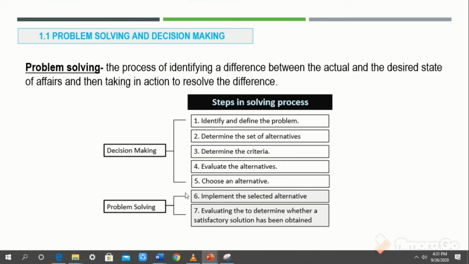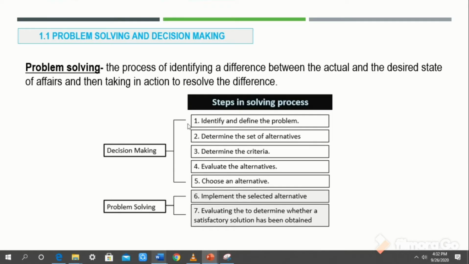And then lastly, number 7, this is evaluating the results to determine whether a satisfactory solution has been obtained. So, you have to follow up on the alternatives that you have implemented to see if they actually solved the problem and have borne positive results, not just for the management, but for the customers and consumers who are your target market.